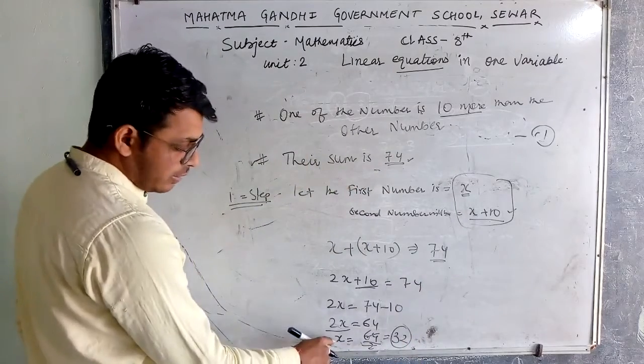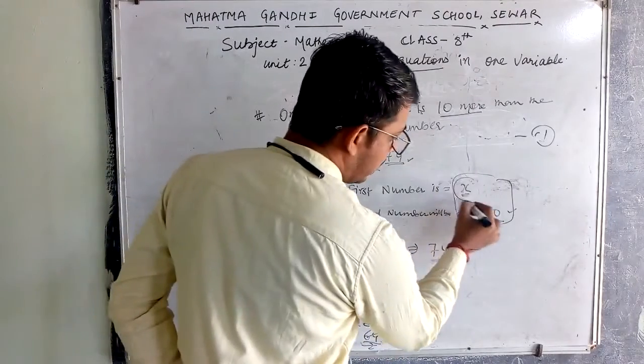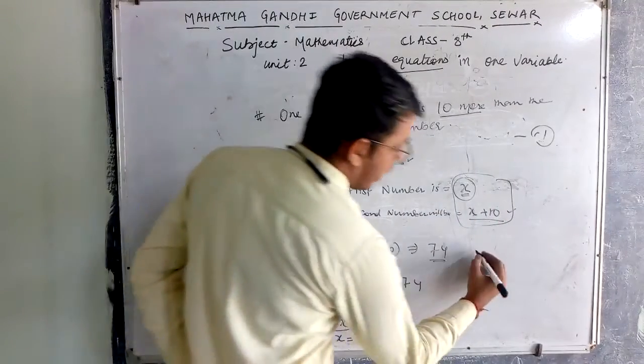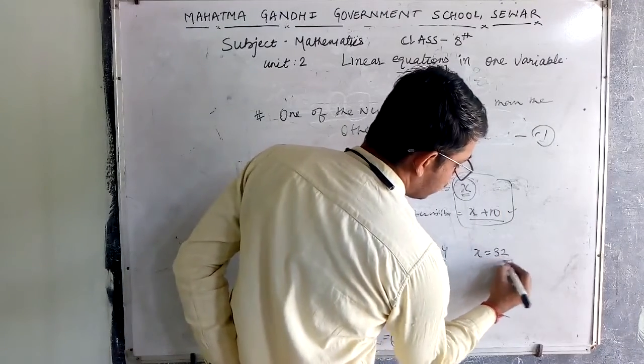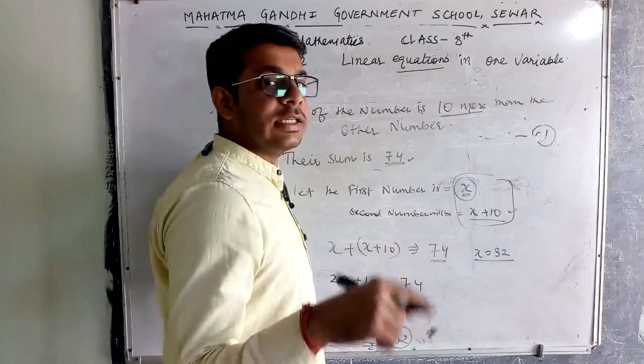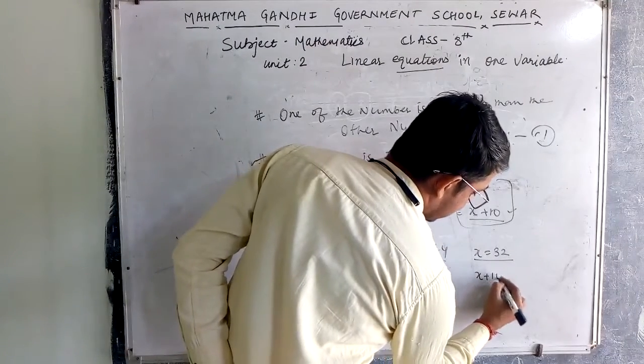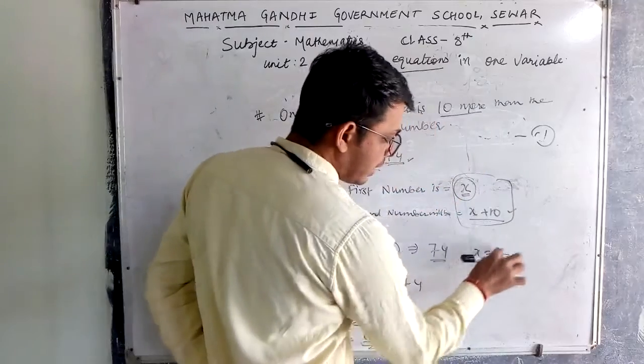So the value of x is 32. What did we assume as the first number? That is x. So x equal to 32. What is the value of the second number? It is 10 more than the first number, so x plus 10. What is the value of x? 32.